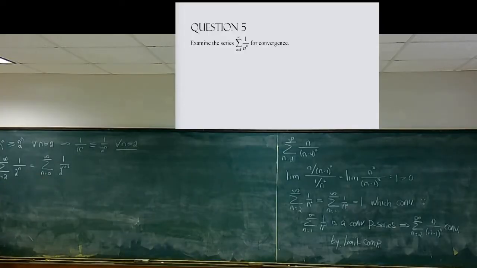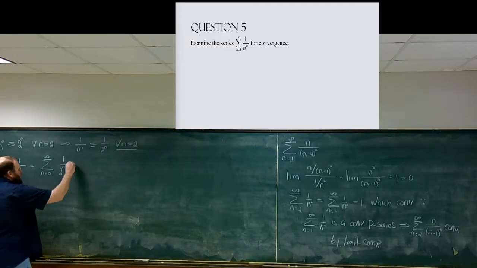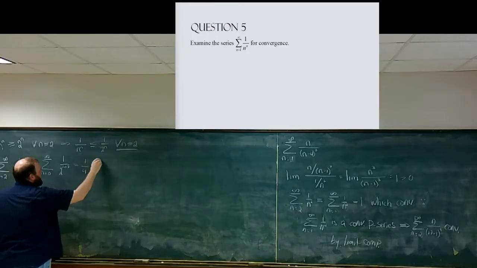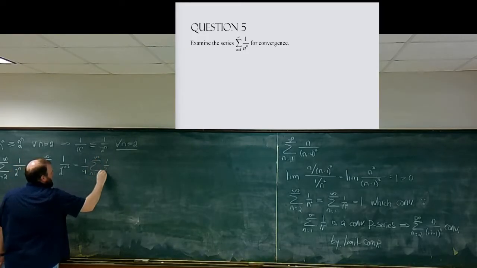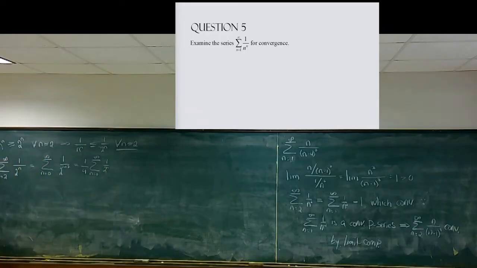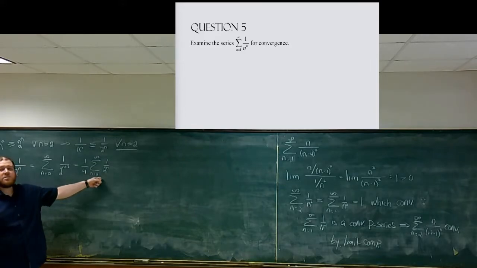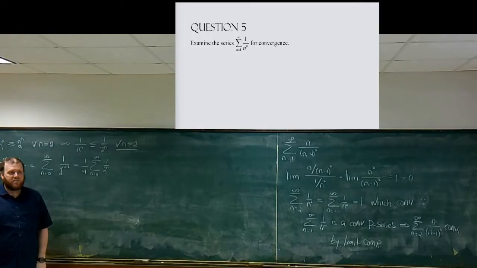Shift the index. Two to the n plus 2 is 2 to the n times 2 squared, right? That's where the 1/4 is coming from. What does a series do? Converges. Why?